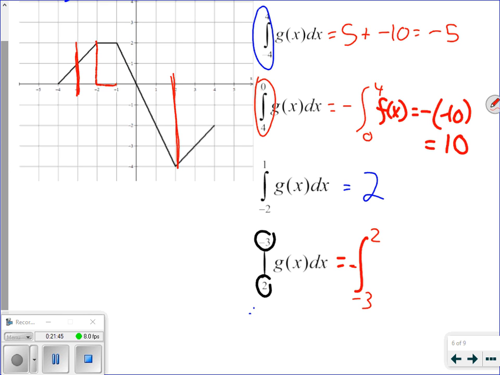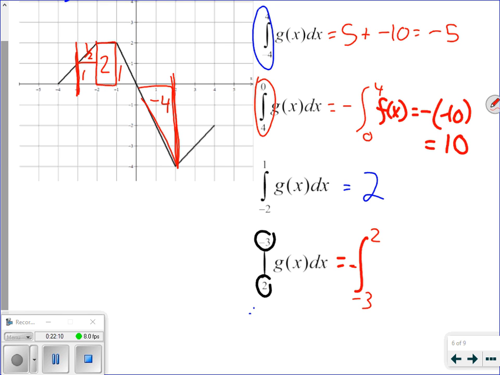All right, how about we break it up this way? Okay, so I know this was 2, this was 1. I know that this is 1 and this is a half. And I know that this entire triangle is a 2 by 4, so this ends up being -4. Okay, so we're going to add all that up, and because it's really going from 2 to -3, it's going to change the sign.